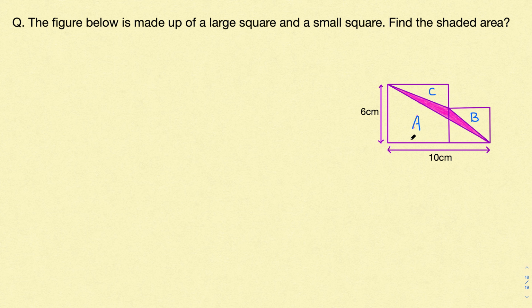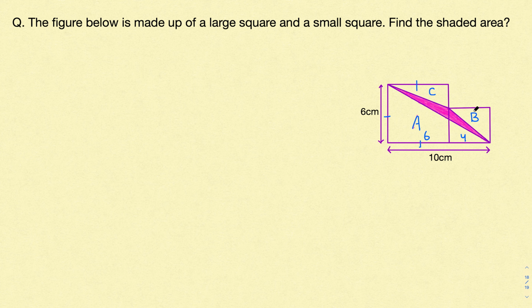As we know that all the sides of a square are equal, this length should also be 6. So this side is also 6 cm. If this is 6 and this whole length is 10 cm, then this should obviously be 10 minus 6, which is 4.